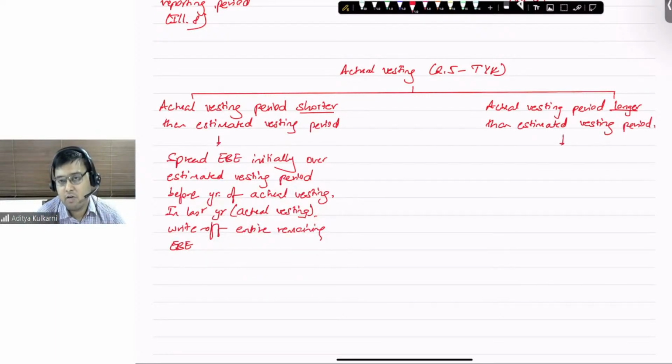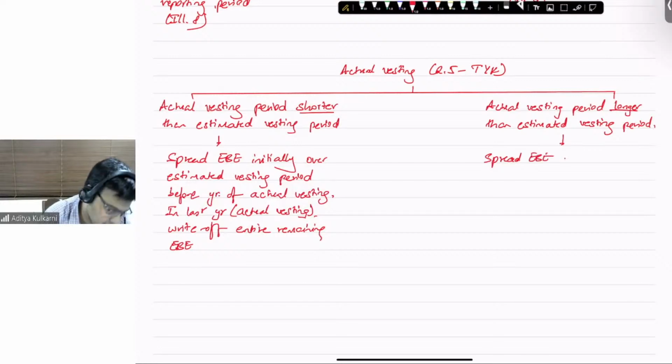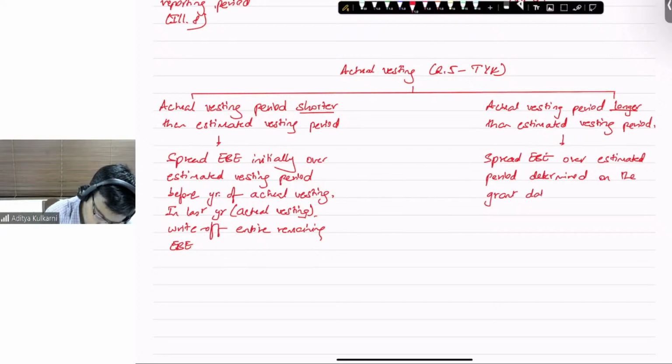So what did we do? We did the EBE apportionment over the 4-year period. Spread EBE over the estimated period determined on the grant date.